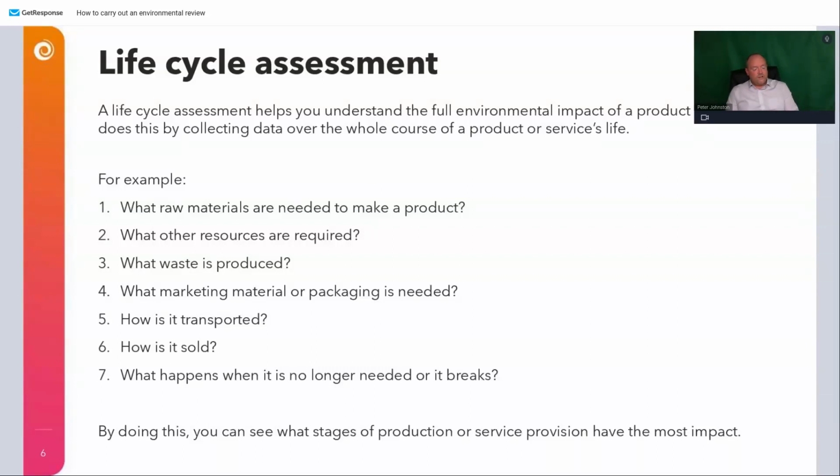So you might turn around and say, oh, we're moving away from a diesel vehicle and we're moving to an electric vehicle because it doesn't give out any emissions. What life cycle talks about is understanding the bigger picture. So how were the batteries generated? How were they made and manufactured? How was the vehicle shipped to you in the UK? How are the batteries going to be disposed of afterwards? So you don't only have to consider the exact moment in time when you're using the item, consider the life cycle.